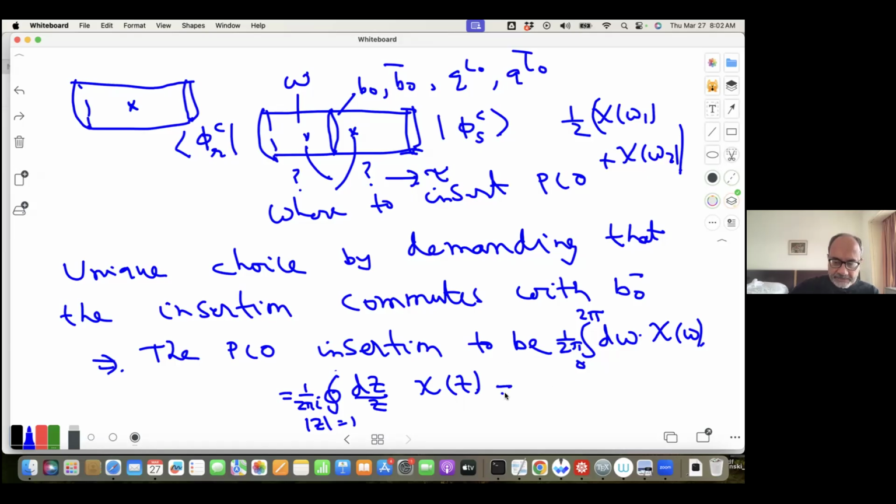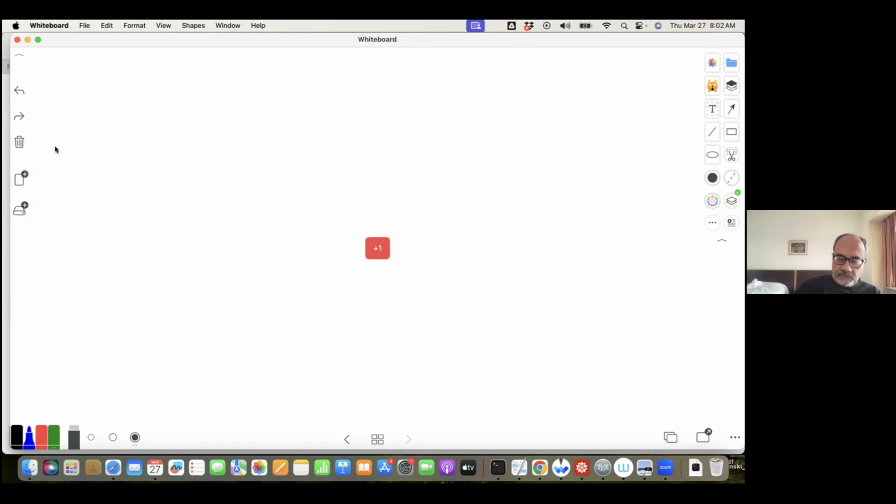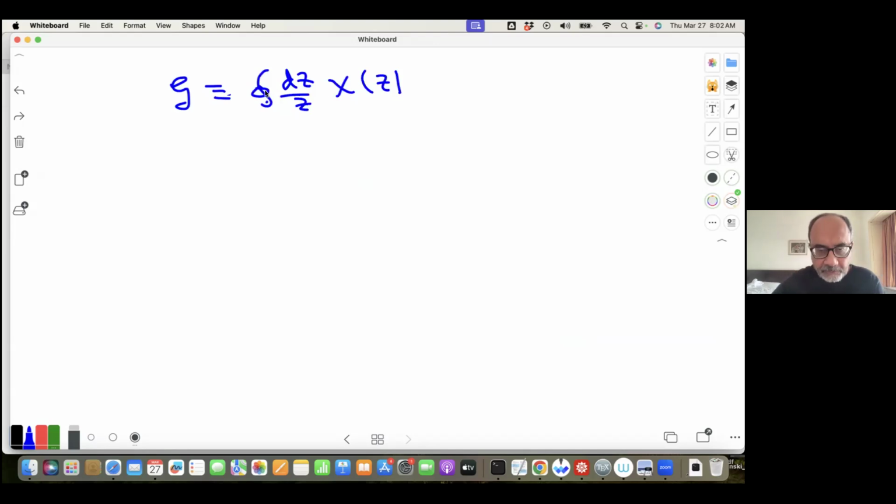So let me call this some G. G by definition is the integral dz over z pi of z. Either 1 over 2 pi i is included in the definition of this contour integral.